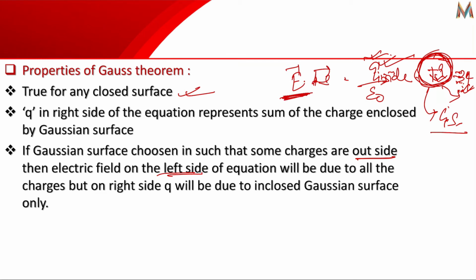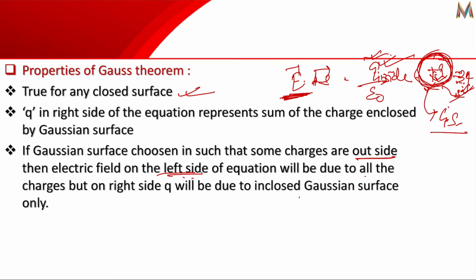So the electric field on the left side of the equation will be due to all the charges, but on the right side, q will be due to the charge enclosed by the Gaussian surface only. That means the electric field represents the effect of all these charges, plus q as well as minus q, that is the charge present inside the Gaussian surface and the charge present outside the Gaussian surface.